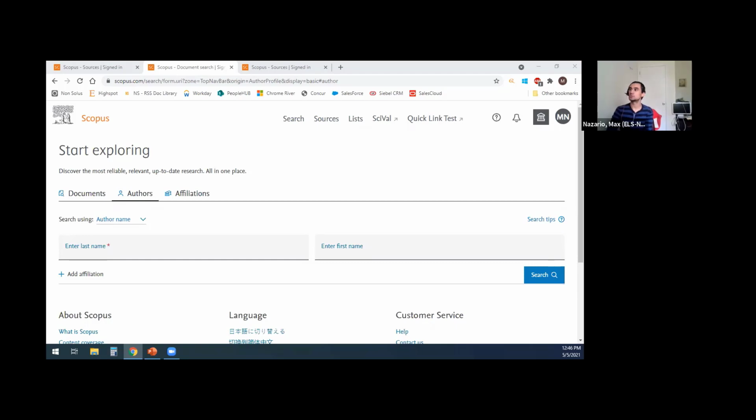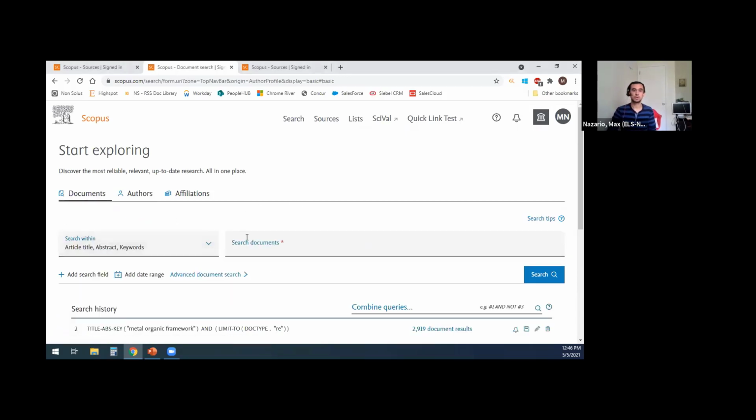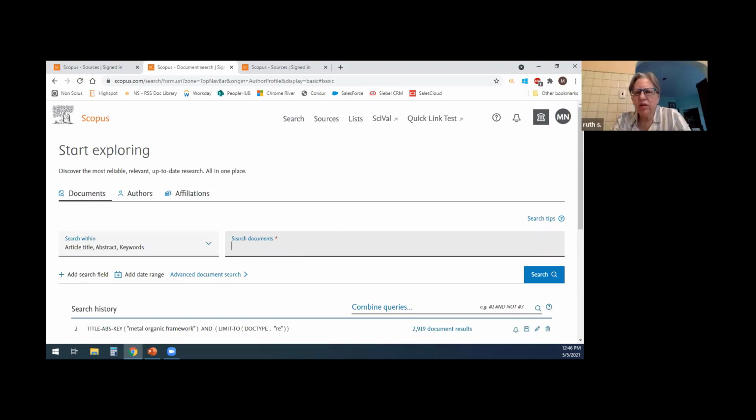Yes, excellent. I'll try to answer Ruth's question first, but I just want to make sure that I'm understanding it. So Ruth, you are asking essentially if you're looking to search for a topic and you want to look beyond just that full phrase. Do you want to be able to search variations on that phrase? Am I understanding that question correctly? I think it's a more general question.